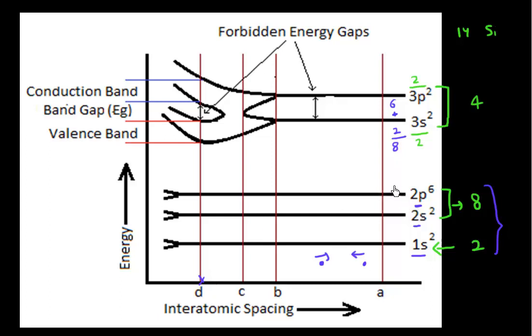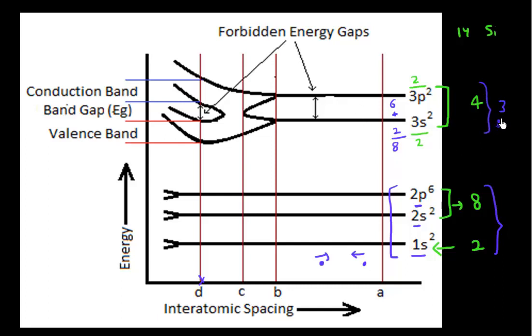This is because these innermost electrons are bound very close to the nucleus, and even when you bring these atoms close to each other, they still remain very closely bound to the individual atoms. And so most of our action is happening in the outermost shell, or the third shell.